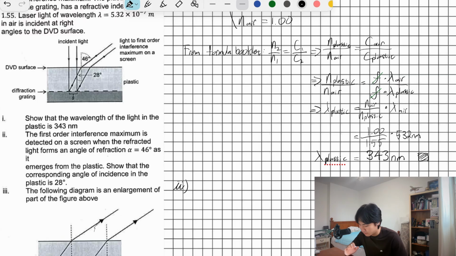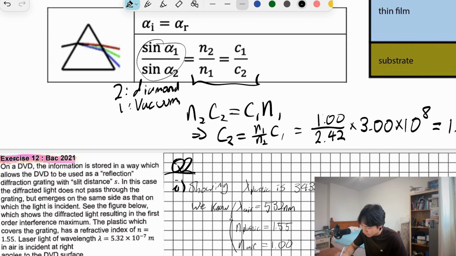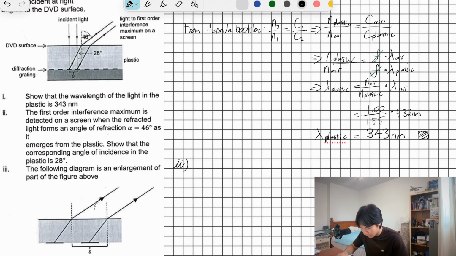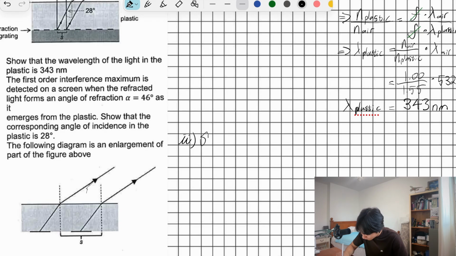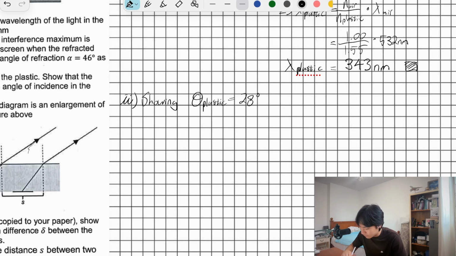Okay, what formula do we know with angles? We know the relation here. So showing theta plastic is 28 degrees, we'll just write that relation down.